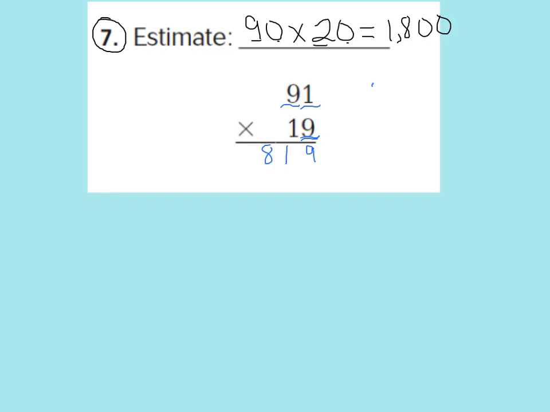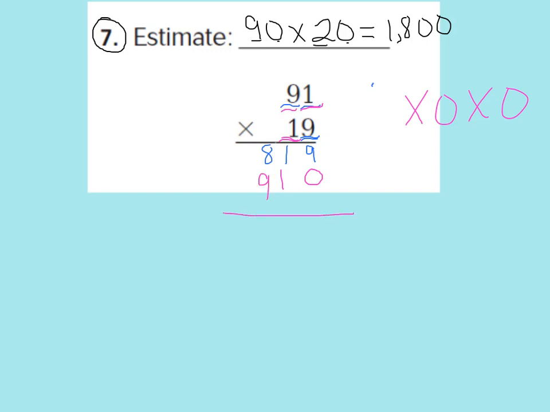Now I need to make sure that I do my hugs and kisses. I need to drop down a hug, and I don't have anyone to kiss away, so I don't need to put my X. Now let's multiply our tens place on the bottom by every one up top. 1 times 1 is 1, and 1 times 9 is 9.